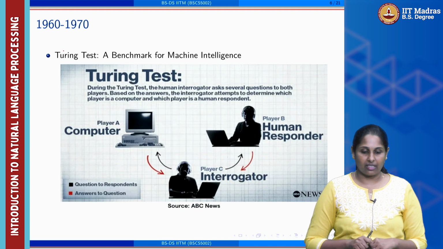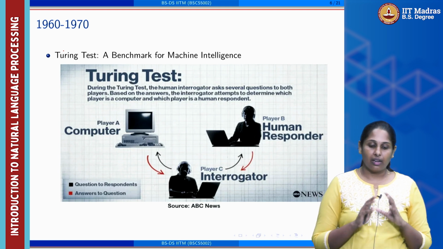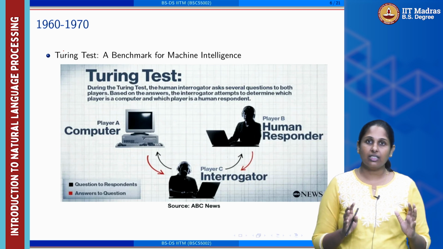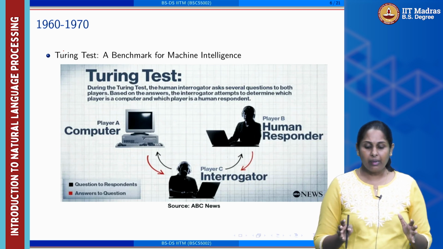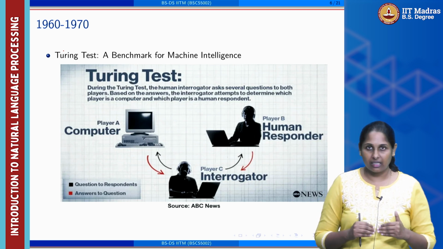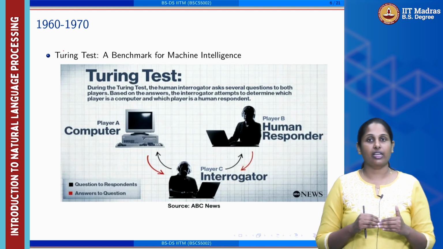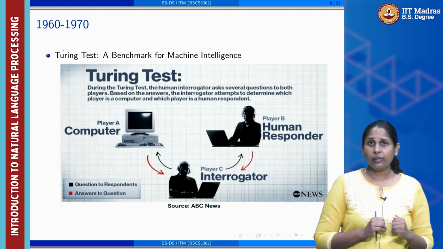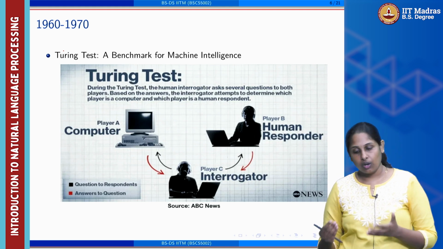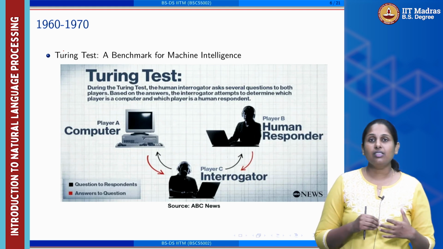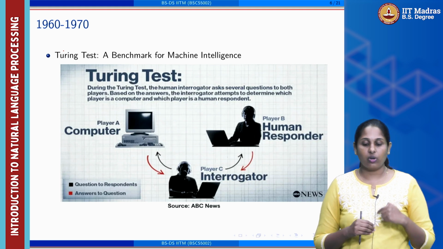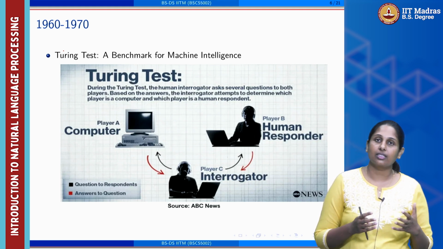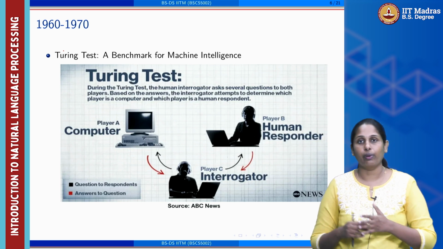The Turing test is a test with two players, player A and player B, and let's say player C is the interrogator. The human interrogator asks several questions to player A, which is a computer, and player B, which is the human responder. Based on the answers, the interrogator, player C, attempts to determine which player is the computer and which is the human respondent.